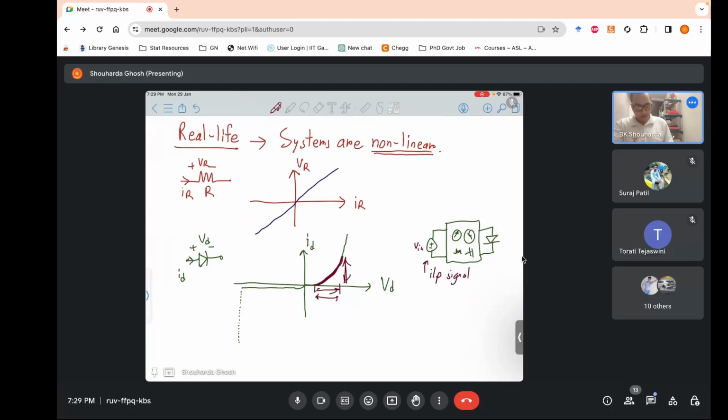I'll show you. ID is some constant times, as your courses progress you will understand the meaning of each and every symbol, exponential of this voltage times certain other constant, minus 1. So this actually models everything up to this part.